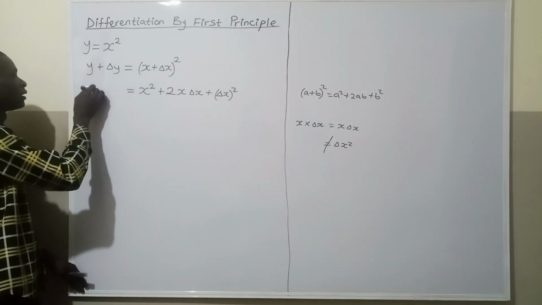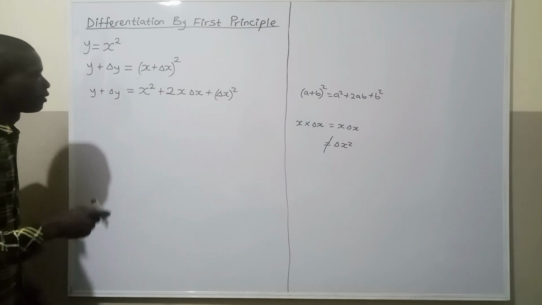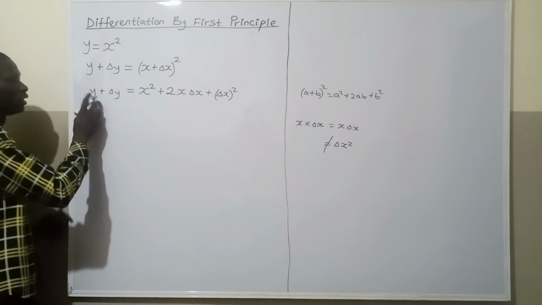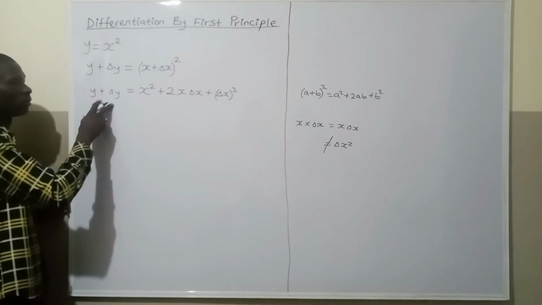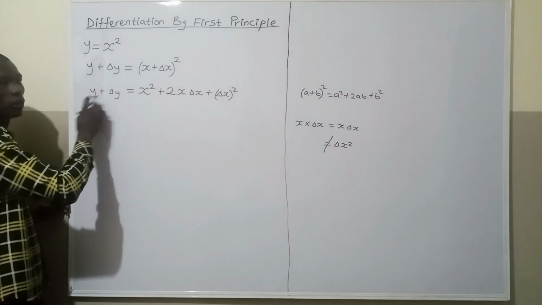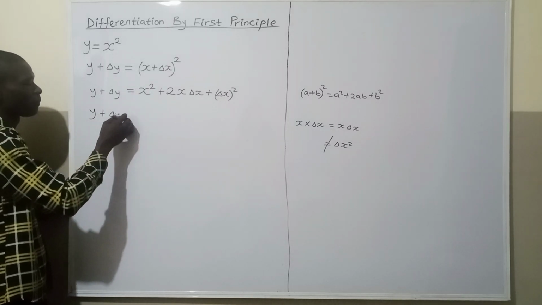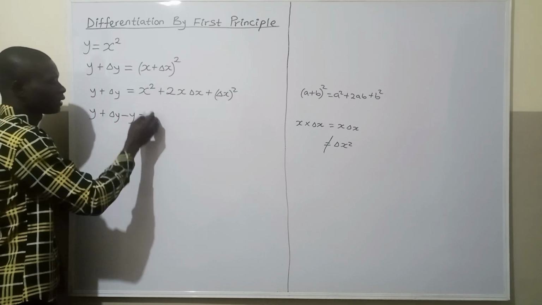And this is the same thing as our y plus delta y. Now, of course, after we have done the expansion, the next thing is to make delta y the subject formula. How do we make delta y the subject formula? So we are going to subtract y from both sides, and that's going to be y plus delta y minus y on the left hand side. The same thing will be applicable to the right hand side.